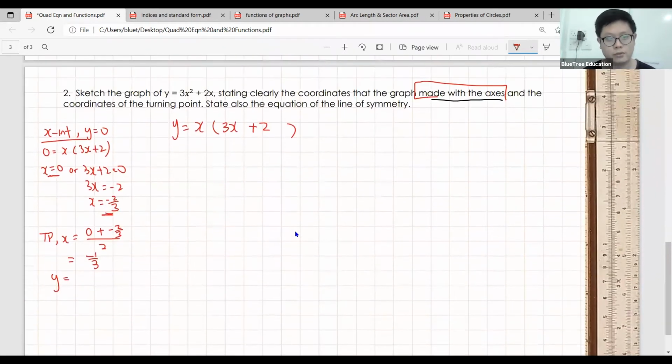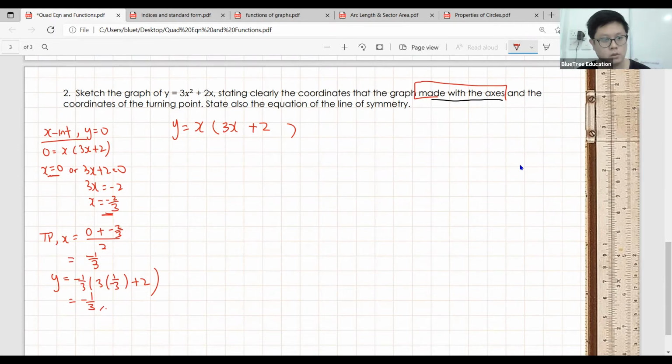After you find out what the x-coordinate is, you will sub it into the equation to find y. It turns out that when x is negative 1/3, the y is also negative 1/3.